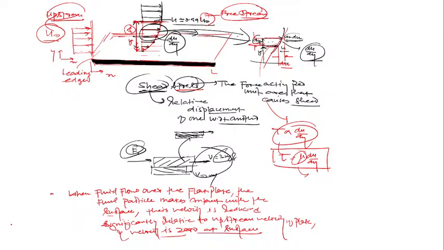So the particles whose velocity is reduced significantly act to retard the motion of the adjoining fluid layer. Yes or no?